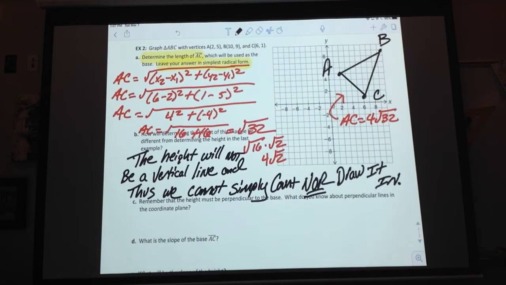Okay? So we're going to have to do something mathematically to be able to find the height.